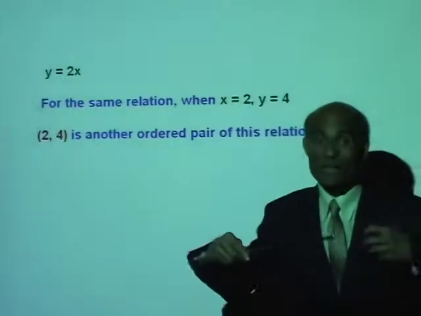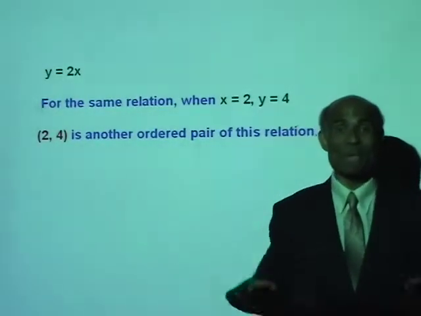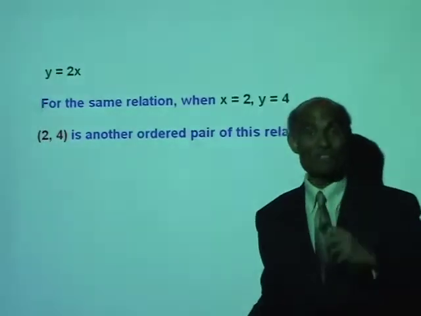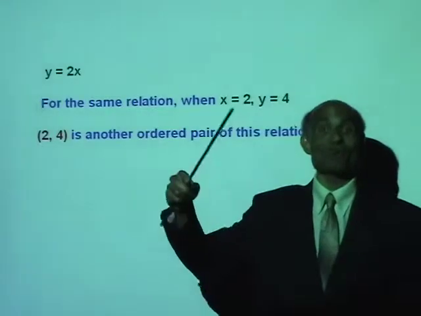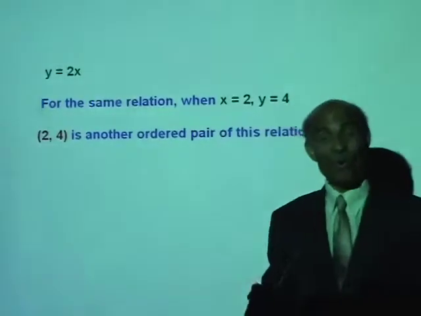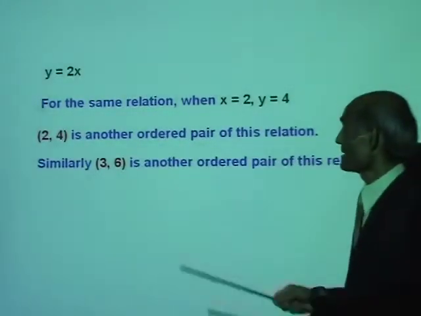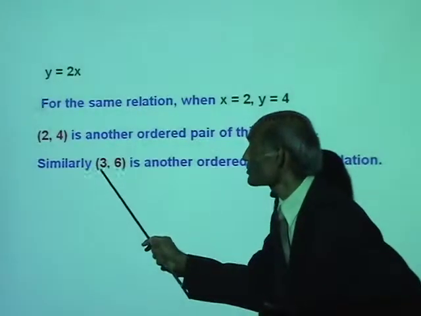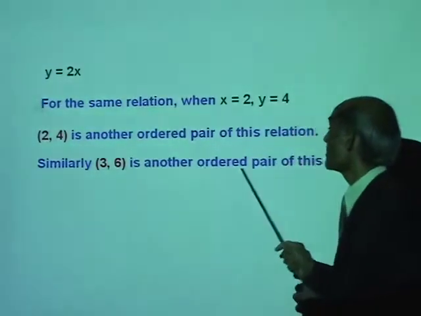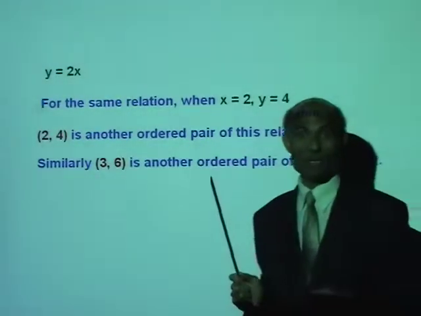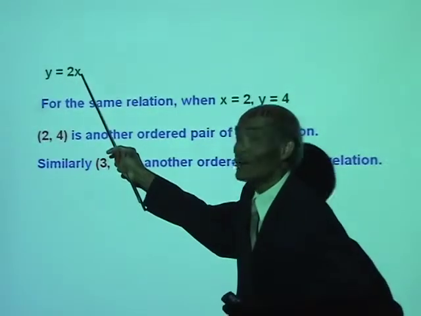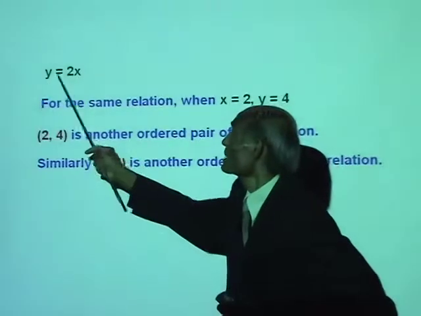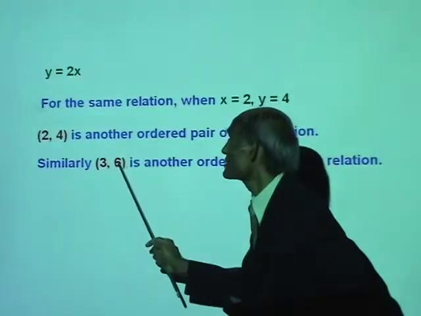And you can now write any number of ordered pairs for that relation. And then we can draw a picture of all those ordered pairs. Similarly, I said (3, 6) is another ordered pair. Do you agree with me? When x equal to 3, you walk 3 kilometers, you collect 2 times 3, $6.